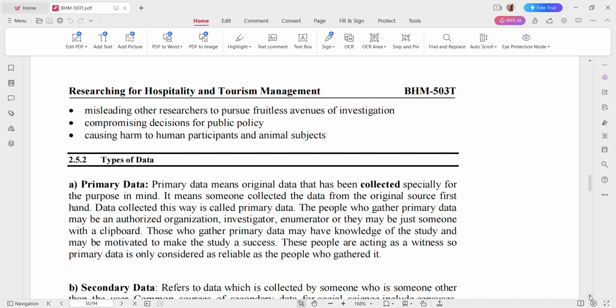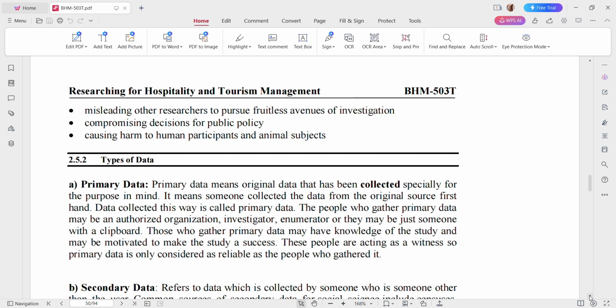So, you have to be very careful in the conduct of your research because there might be a tendency that you will be misleading other researchers when you present the results because you wanted to achieve really good and more interesting results, but then in the process you fail to establish the correct process of getting the data, and then you just present there your results because behind your mind you wanted to really make your research interesting, you really wanted to make your results more enticing to the public.